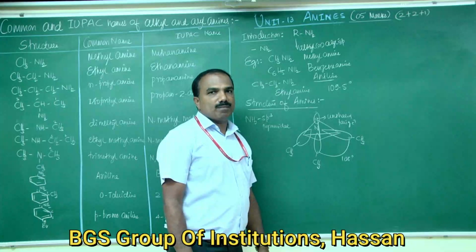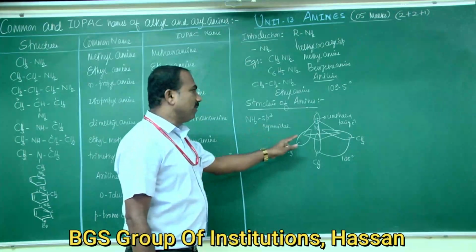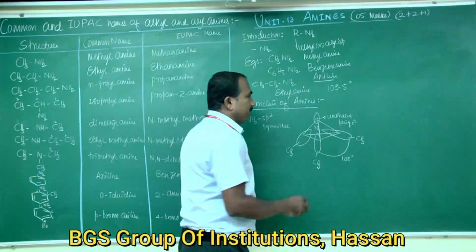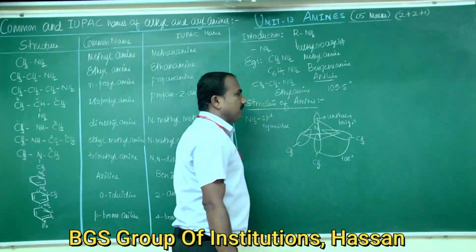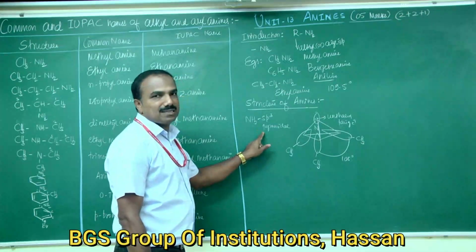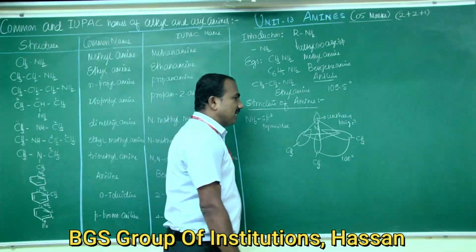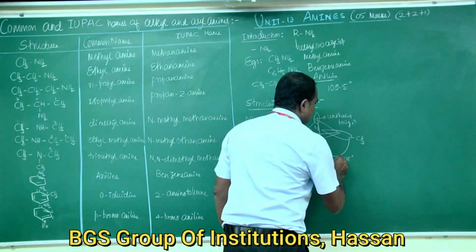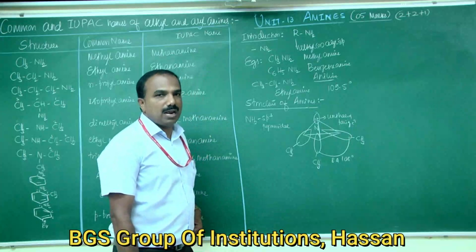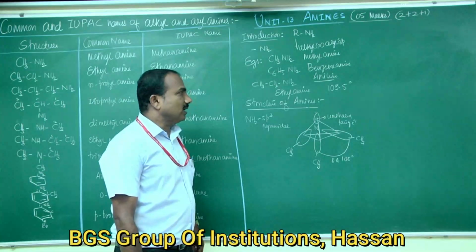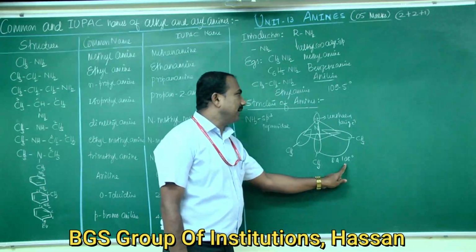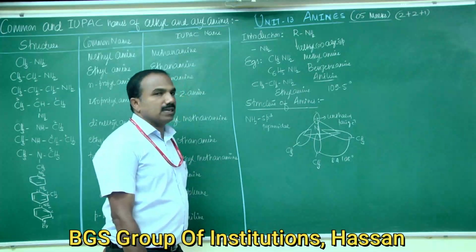Likewise in ammonia, amines contain an unshared pair of electrons on the nitrogen atom. Therefore, the geometrical shape of this molecule is pyramidal with sp3 hybridization, and the bond angle is less than the normal tetrahedral angle of 109.5 degrees, that is, 108 degrees. So this is about the structure of amines.